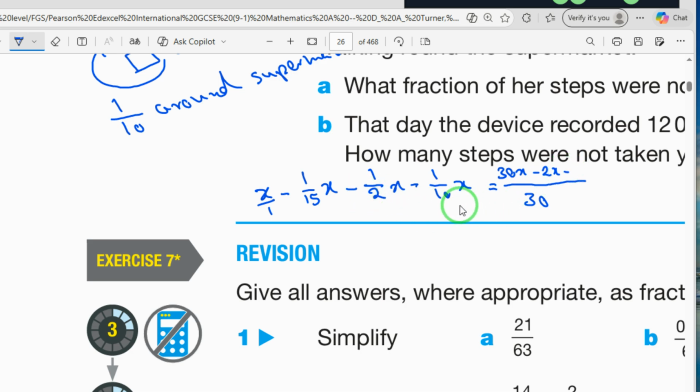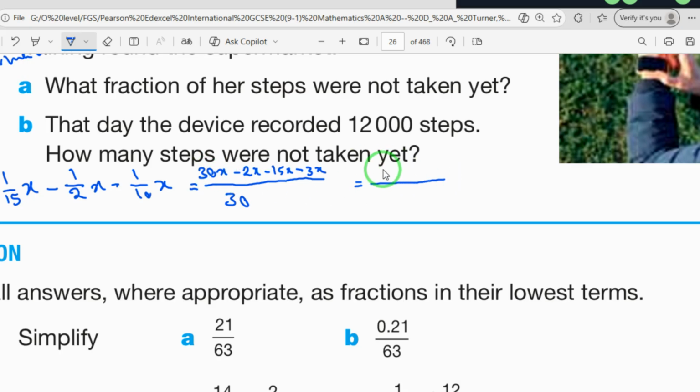Minus this one, 30 divided by 2 gives us 15. 15 multiplied by 1 gives us 15x. We write here 15x. Minus 30 divided by 10, 3 times x is 3x. Here we will write 30x as itself. First we collect the negative signs together.